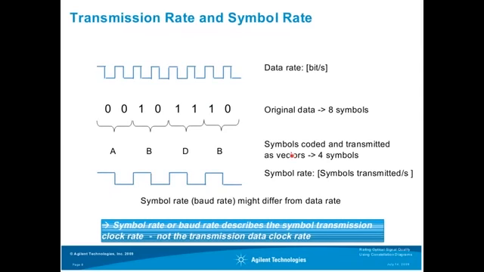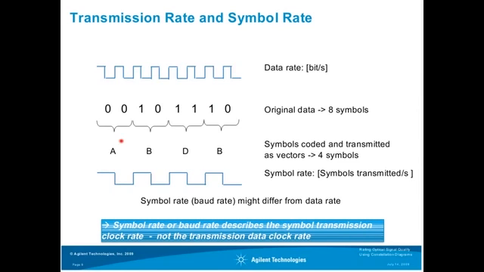One other word regarding the relationship between transmission rate and symbol rate. So here you can see again in the middle an arbitrary original data stream, which is represented by 0s and 1s, and the corresponding data rate clock on the upper part of the slide.